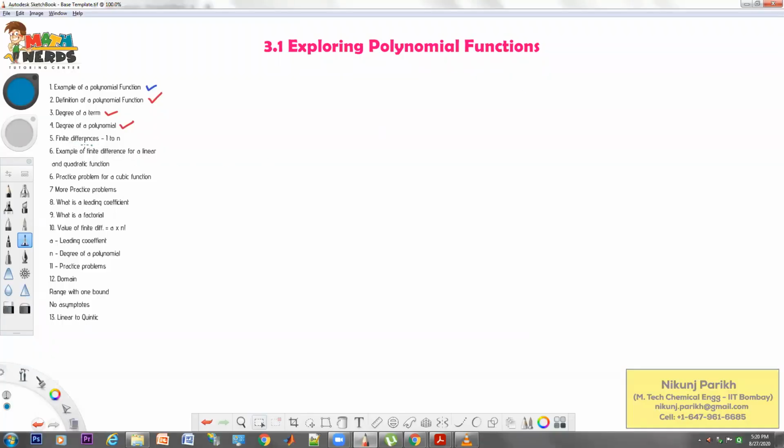The next topic is the finite differences. I think in grade 9 or 10, you learned about finite differences for the first time for the linear functions.